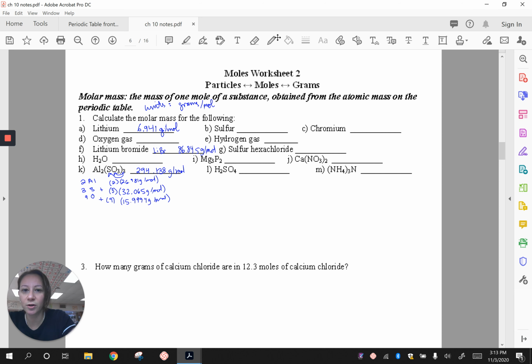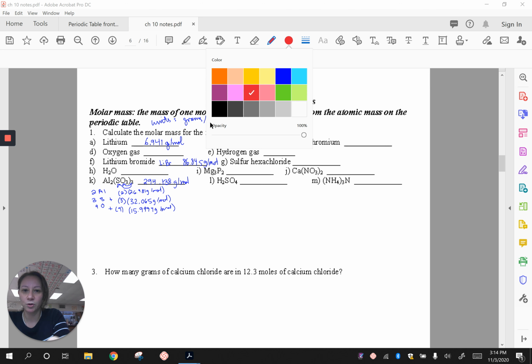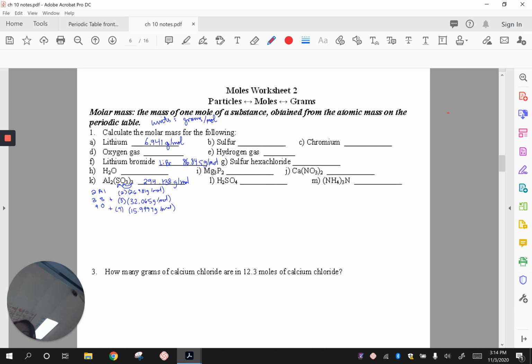Okay, so far we have learned, I'm going to go ahead and make my pen a tiny bit thicker here. So far we've learned how to go from moles to particles, right? We know that moles are the heart of chemistry, because they really are. We can go from moles to particles, right?